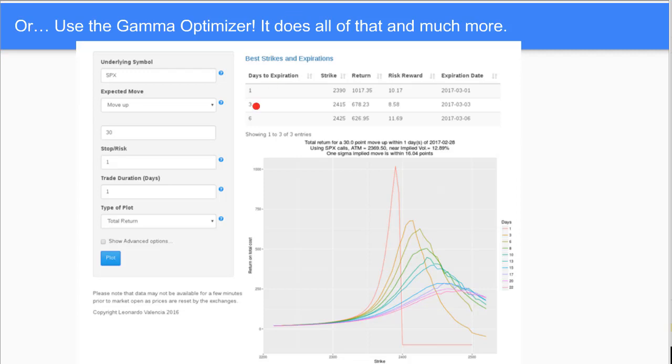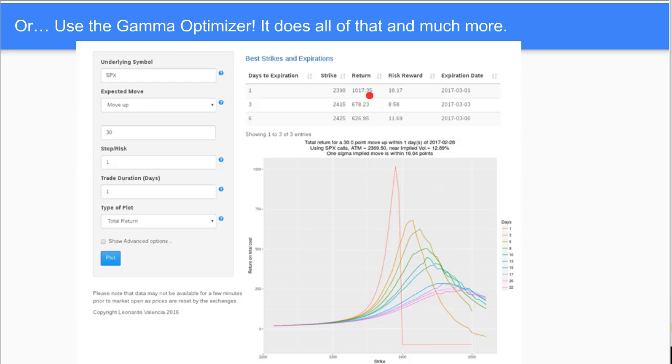and the gamma optimizer will select the top 3 options with different expirations for that particular idea. All of this optimization that I talk about happens under the hood, magically behind closed doors, and you get a list of the options that will satisfy your thesis the most.